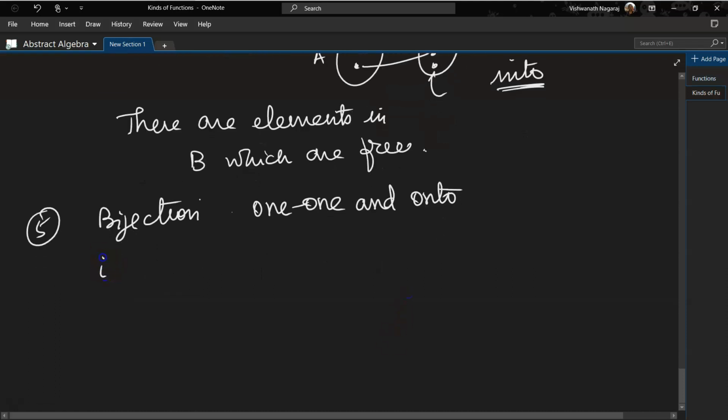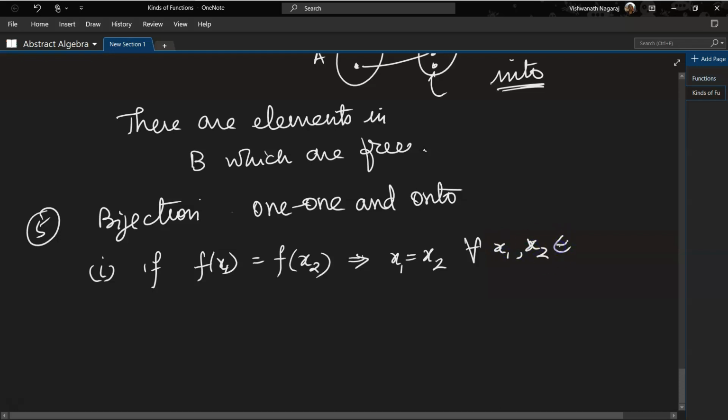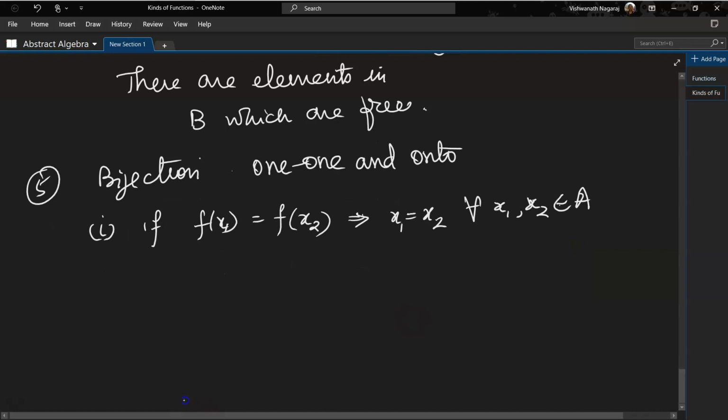Now let's see. If f of x1 is equal to f of x2 implies x1 is equal to x2 for all x1, x2 belonging to A, that is the first condition.